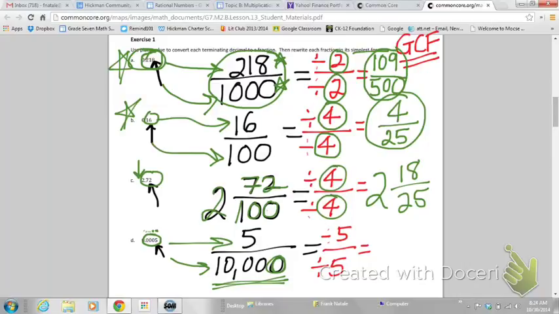So 5 divided by 5 is 1. 10,000 divided by 5 is 2,000. So this decimal here, 5/10,000ths, is equivalent to the fraction 1/2000th.